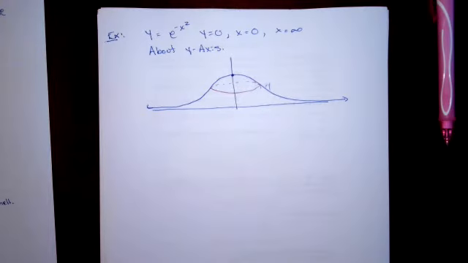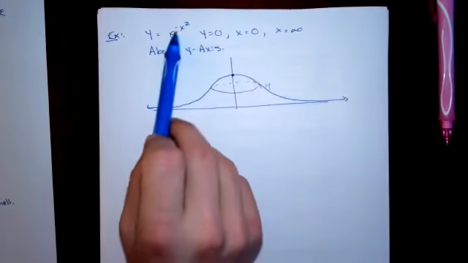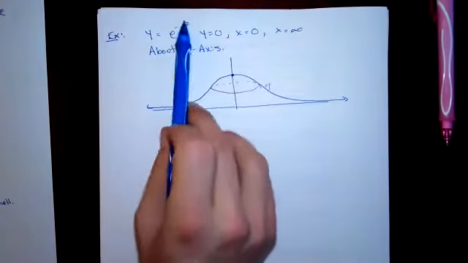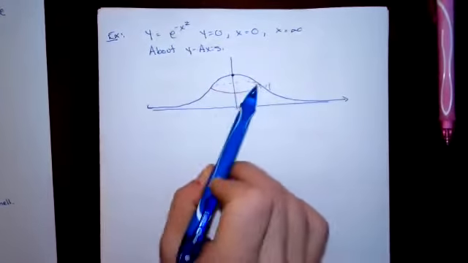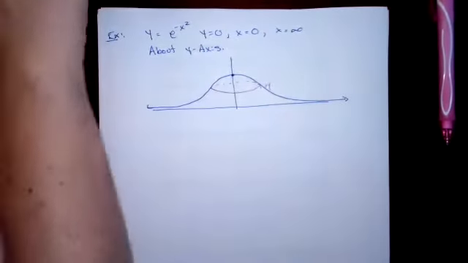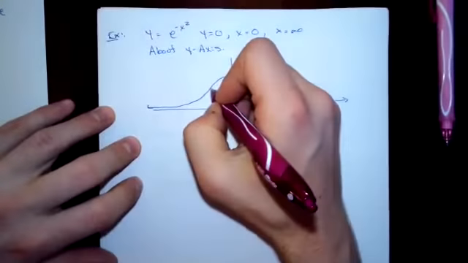And so integrating that is going to be a pain. If I were to just try to integrate this guy as well, I can't integrate e to the minus x squared either. We would need a fancy trick. But because we're doing this rotation and making this full bell volume, we can actually get something meaningful out of this. So let's draw our shells.